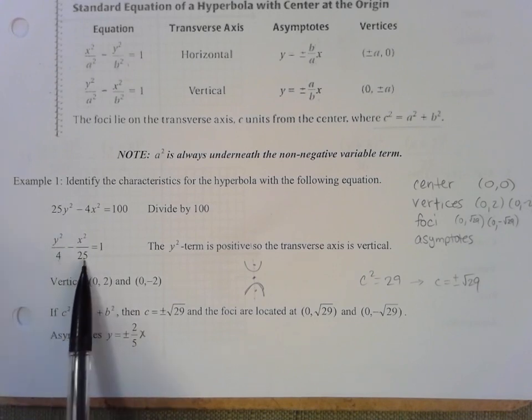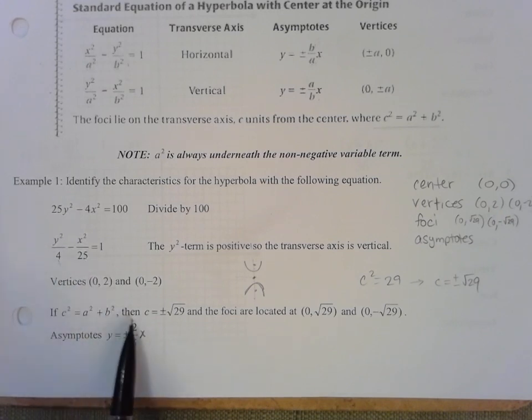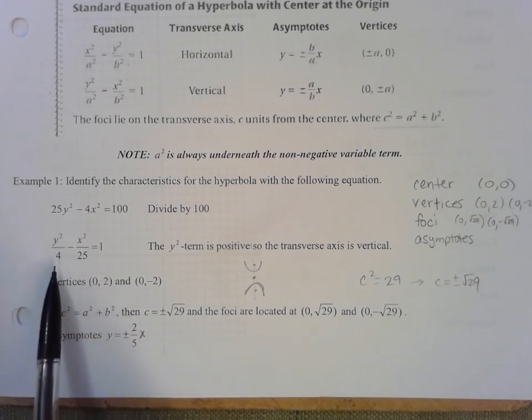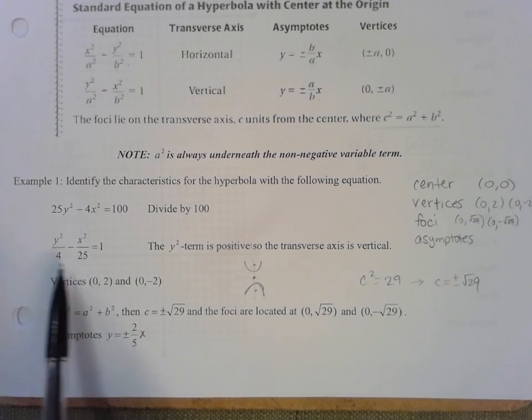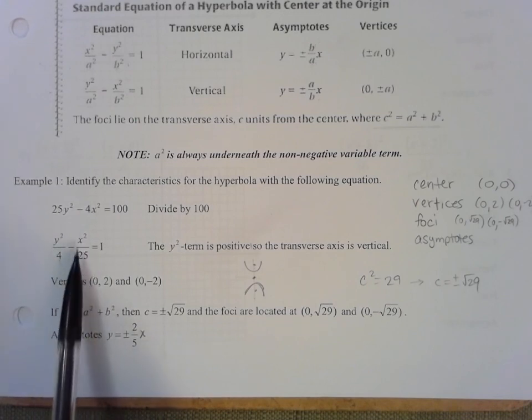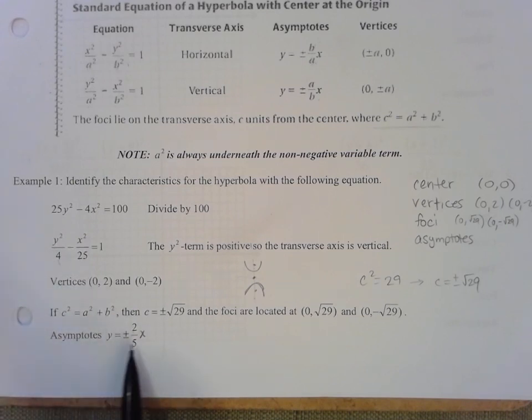The change in x is the square root of 25. The square root of 4 is 2, the square root of 25 is 5, and y goes above x. It's not first and last, it's change in y over change in x, so 2/5. One asymptote will go up 2 and right 5, the other asymptote would go down 2 and right 5.